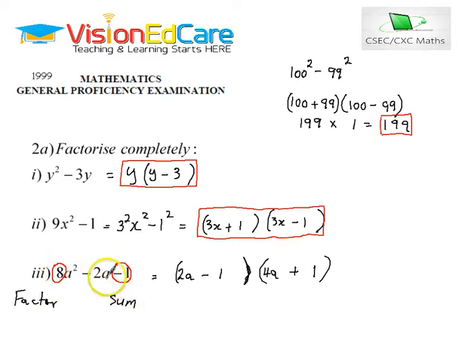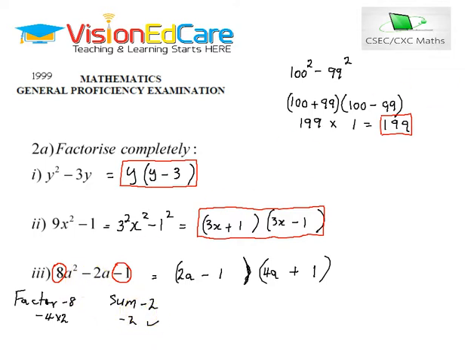So 8 times minus 1 gives us minus 8. So we want the factors of minus 8, and we want a sum to give us the middle term here, which is minus 2a. So in this case we want a sum which is minus 2. If we think about the factors of minus 8, straight away we see that minus 4 times positive 2 gives us minus 8, and when we add them we get minus 2. So those are the factors we want.